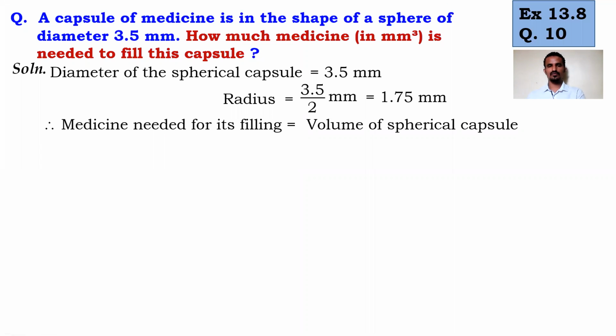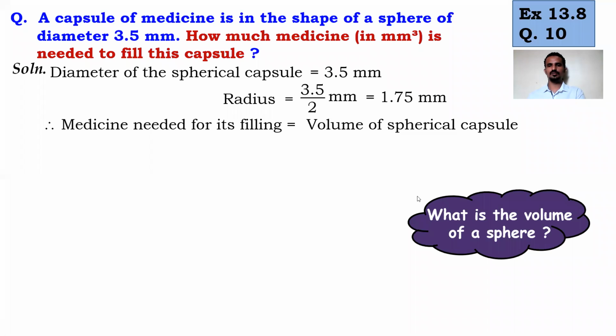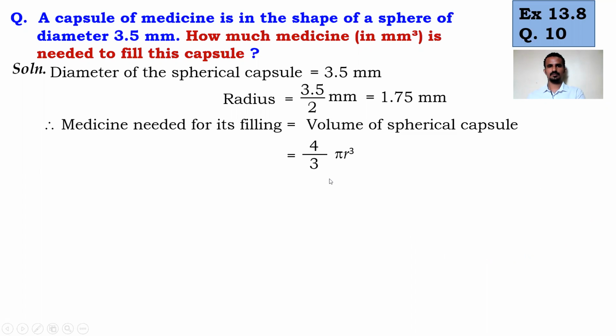Medicine needed for its filling is equal to volume of spherical capsule. And since it's a sphere, the formula for volume is going to be 4 upon 3 multiplied by pi r cube. So that's the formula. Let's do the substitution here. So we have it is equal to 4 upon 3 pi r cube.